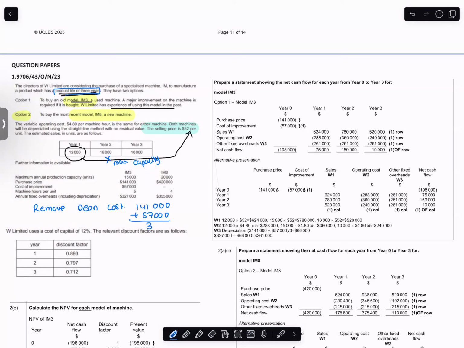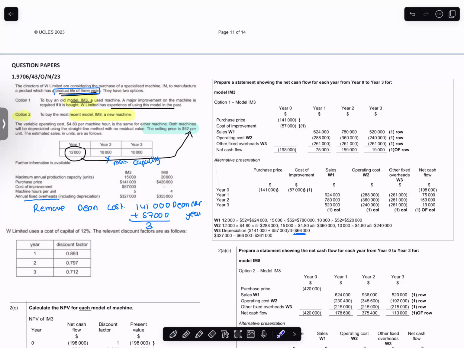So it's 3 years. So depreciation per year is 66,000. So for your fixed overheads, you will minus 66,000 from it. So your fixed overheads will be 261,000.